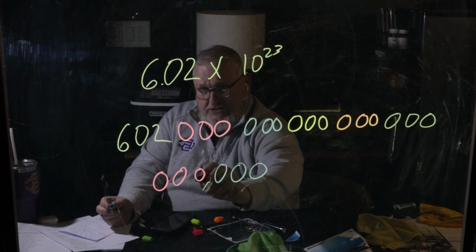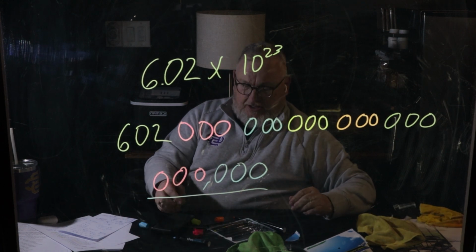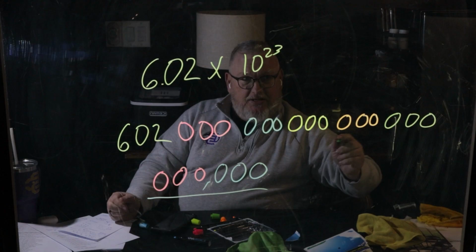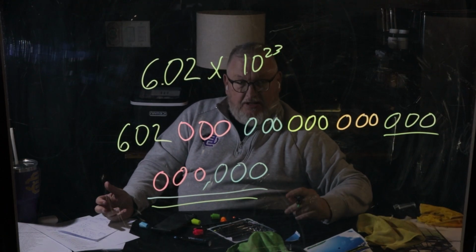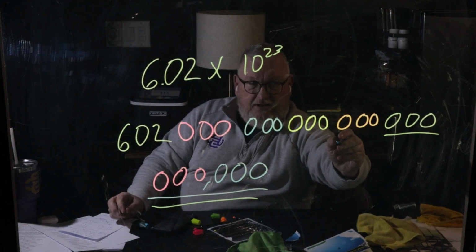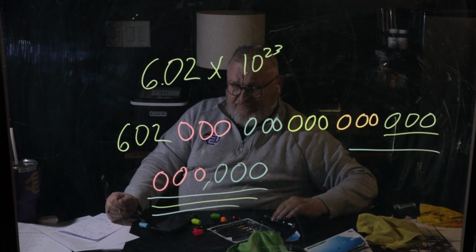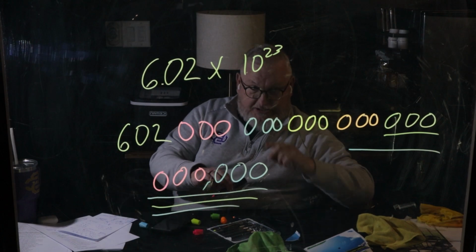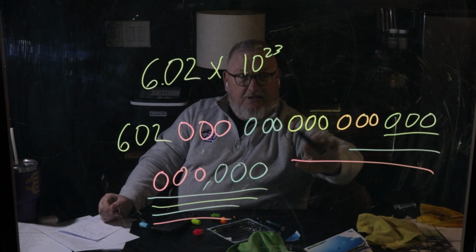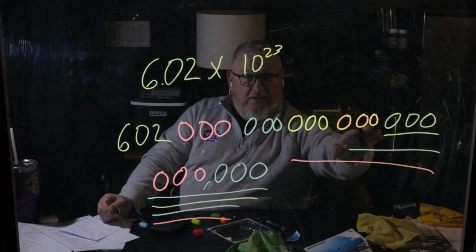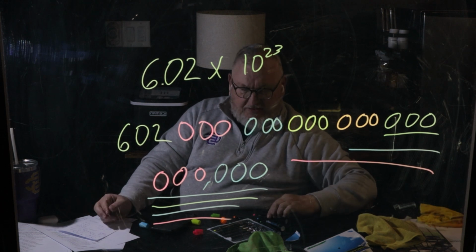So a million is 6 zeros after it. A billion is 9 zeros. A trillion is 12 zeros. A quadrillion is 15 zeros. That's still a bunch.